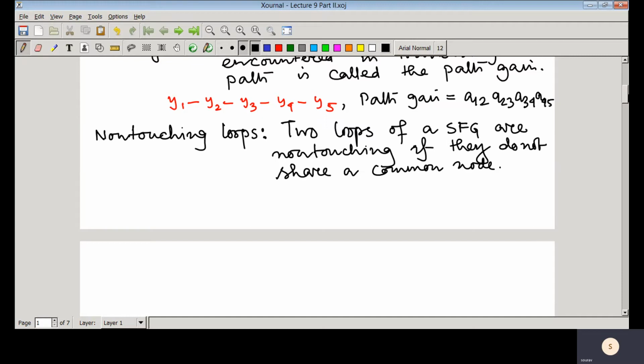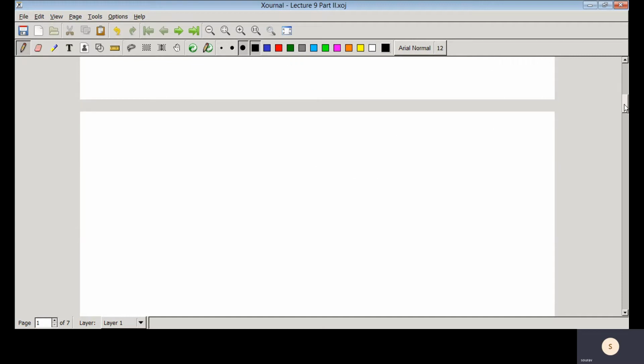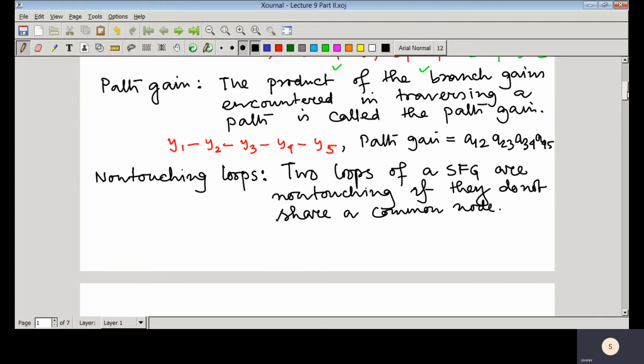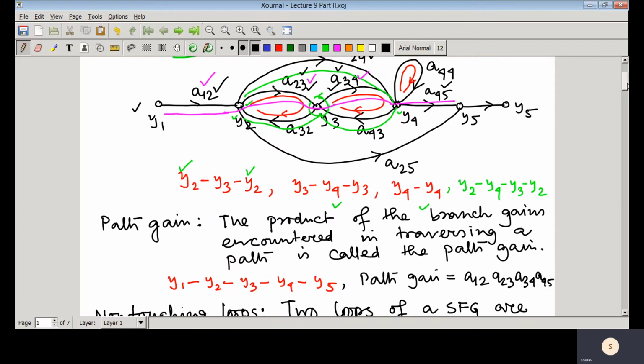Let us see in this particular example whether there are any non-touching loops or not. One loop is this loop, that is y2, y3 and y2, and here there is another loop.